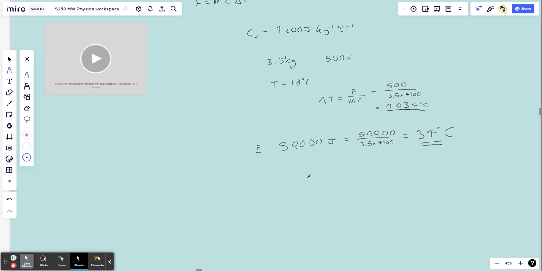So what about if it was 1,000 times more? So this is 50,000. Let's imagine if the energy was 500,000. Well, we can see again it's just going to be another 10 times the amount. So the change in this is the change in temperature, remember. My notes are terrible here.